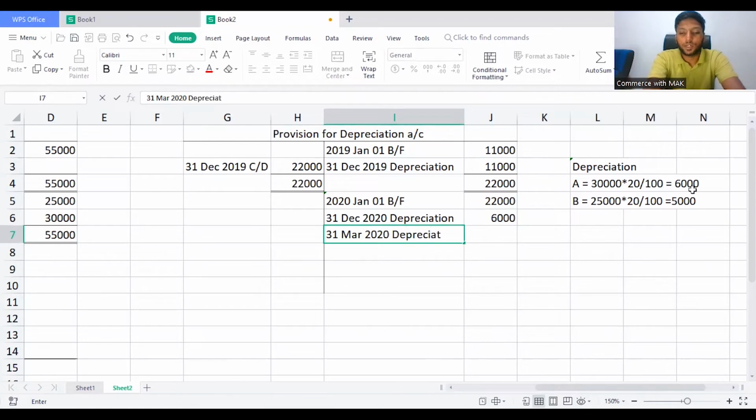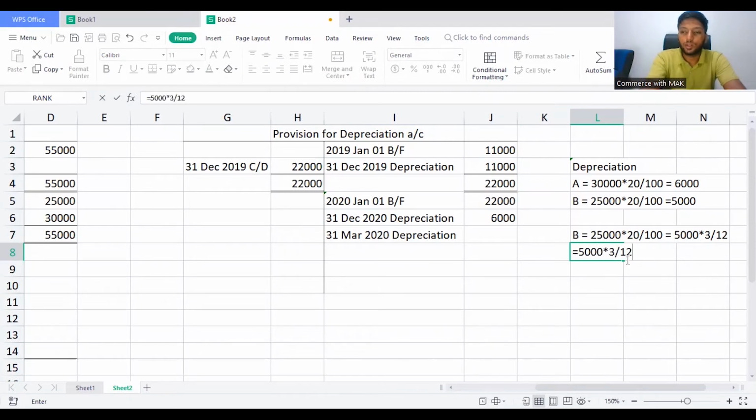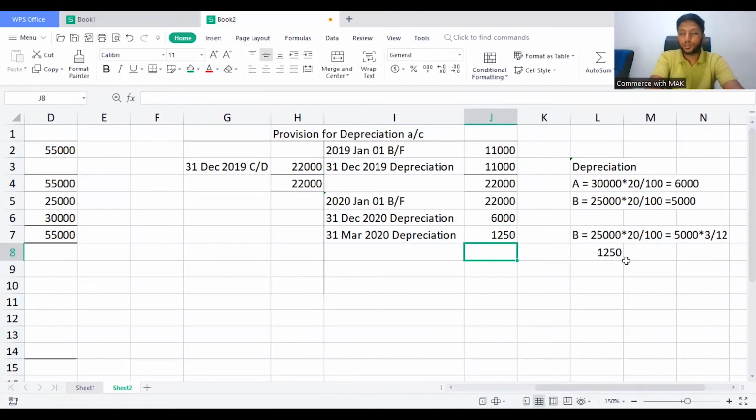You don't need to write the specific name, but if you feel like it you can. I'll write depreciation, but the depreciation amount is going to change for B because B has 25,000. They're using only 3 months, so 20 over 100 will give you a value of 5,000, but multiplied by 3 over 12, because a year has 12 months and they're calculating only for 3 months. So 5,000 into 3 over 12 will give you 1,250 as your depreciation amount.